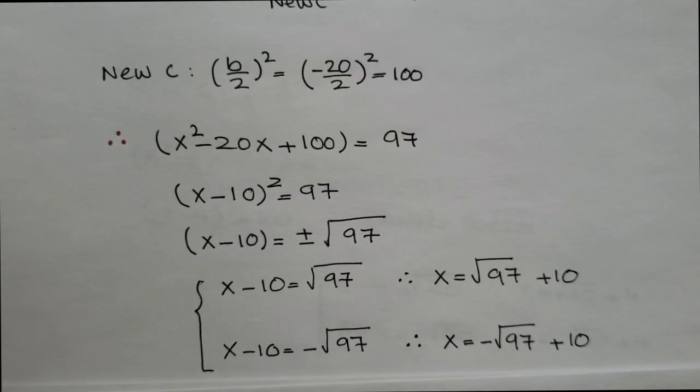The other one would be x minus 10 equals negative square root of 97. So the x would be negative square root of 97, and 10 moves to the other side, but the sign will be flipped. As you can see, we have two answers, two roots, or two solutions. They are the same terms that are used for you guys in order to solve the equation.